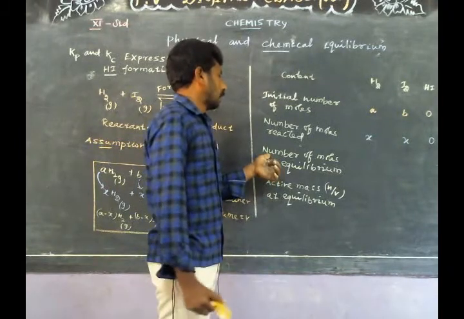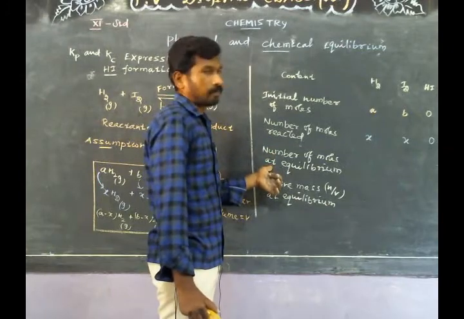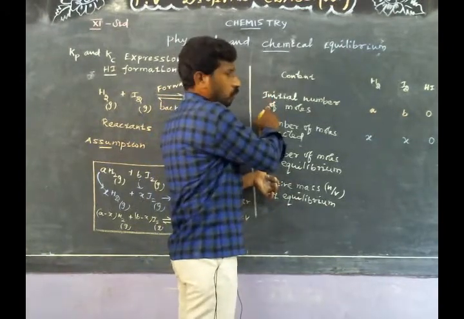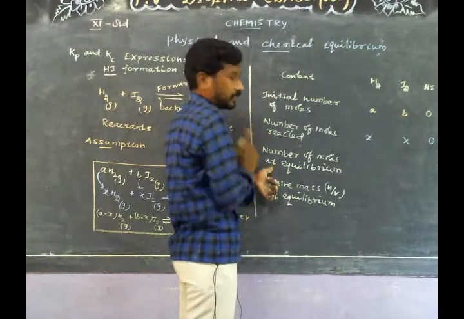Then number of moles at equilibrium. Number of moles at equilibrium is equal to initial number of moles minus number of moles reacted.